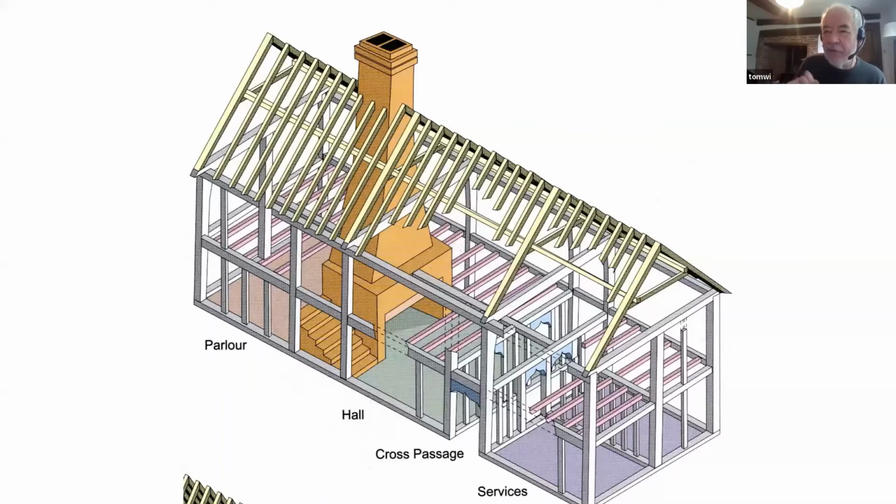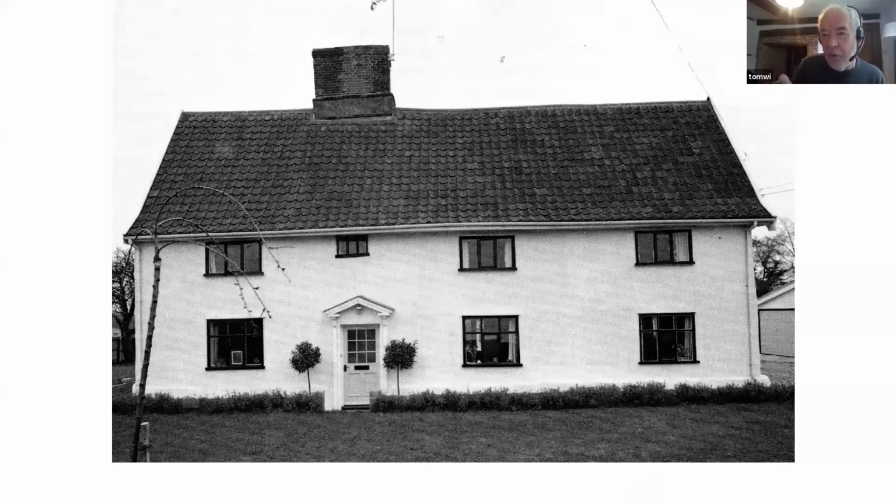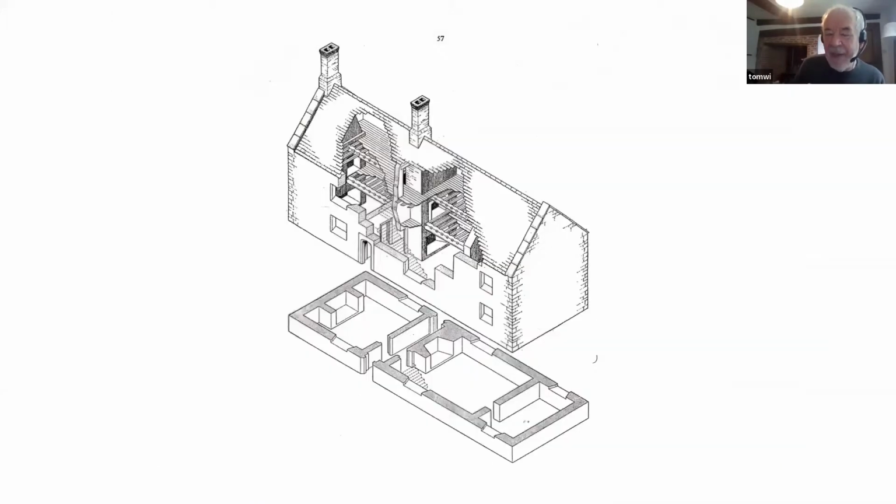You're removing yourself from the farm servants into an area of privacy, increasing when you get to lobby entrance, whereas Mercer has, oh, there, yeah, just put that up, lobby entrance houses everywhere, the kind of Barrett's homes of the 17th century in Norfolk. Whereas Mercer would interpret one of the alternatives, the hearth passage plan, where the hearth backs onto the passage, as showing a more traditional form of social interaction in the house continuing.